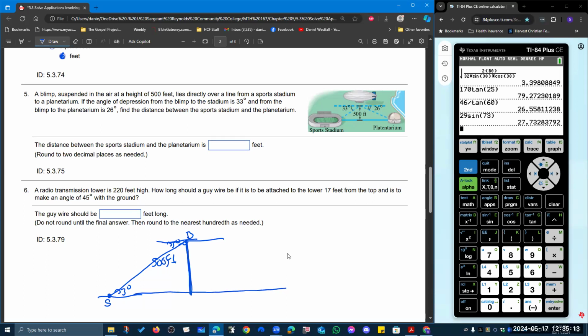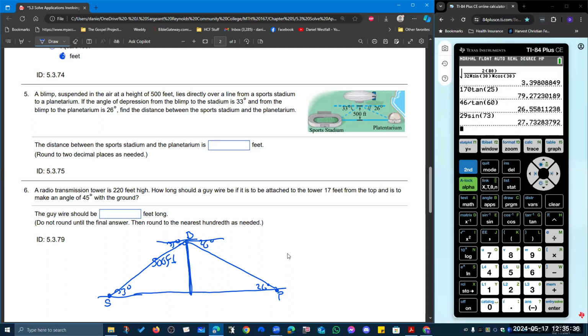And the angle of depression from the blimp to the planetarium is 26 degrees. So P for planetarium, 26 degrees there.